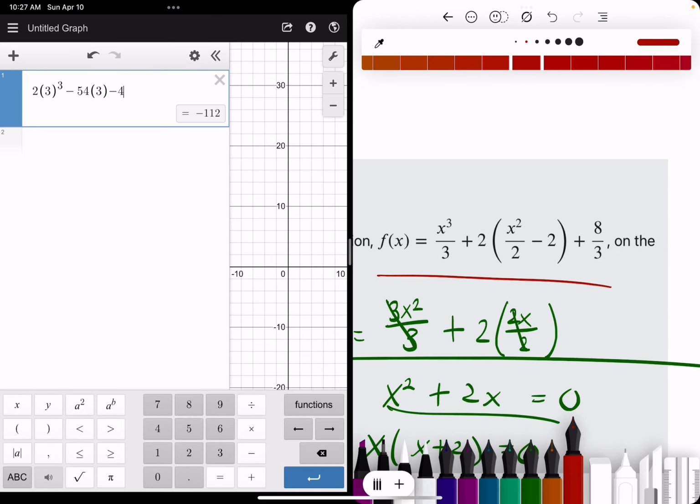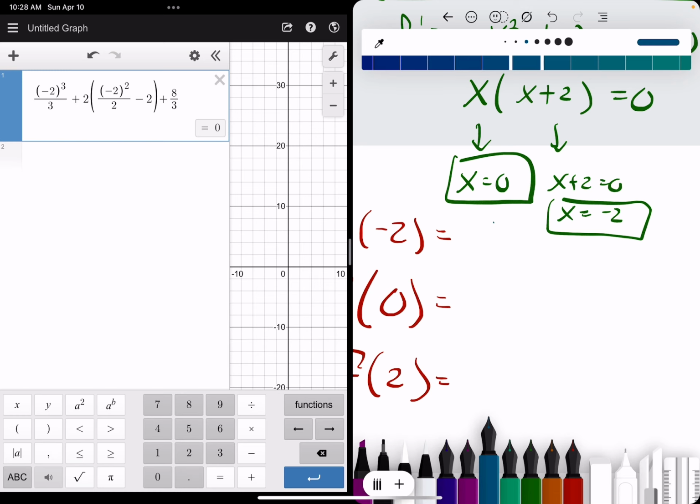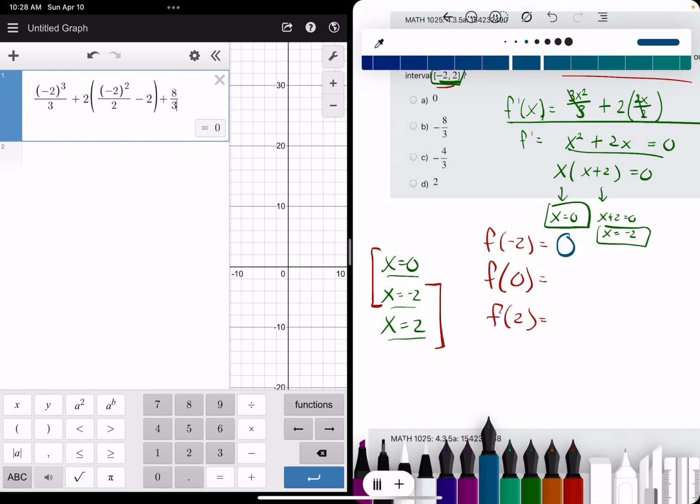Starting with plugging -2 into the original function, we have -2 cubed over 3 plus 2 times -2 squared divided by 2 minus 2, and then plus 8 over 3. So we have 0 for the first value. I'll go ahead and write them as we go here. So 0 for f of -2.